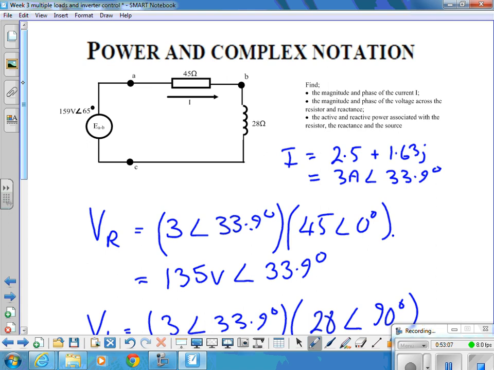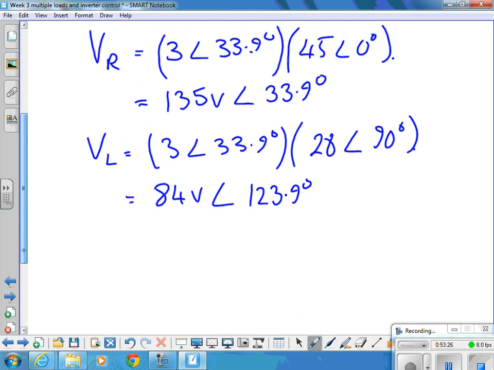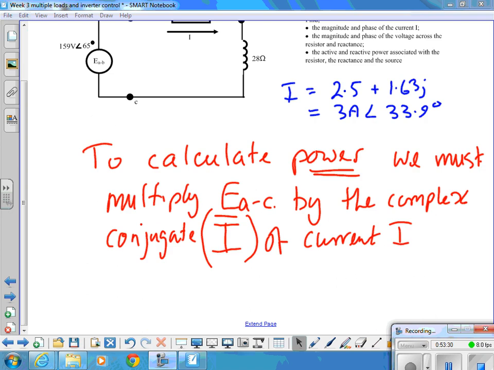We've got this complex conjugate thing again here. Remember, the power is only associated with the in-phase part of the current. So you have to use the complex conjugate, which effectively cancels out any angle.